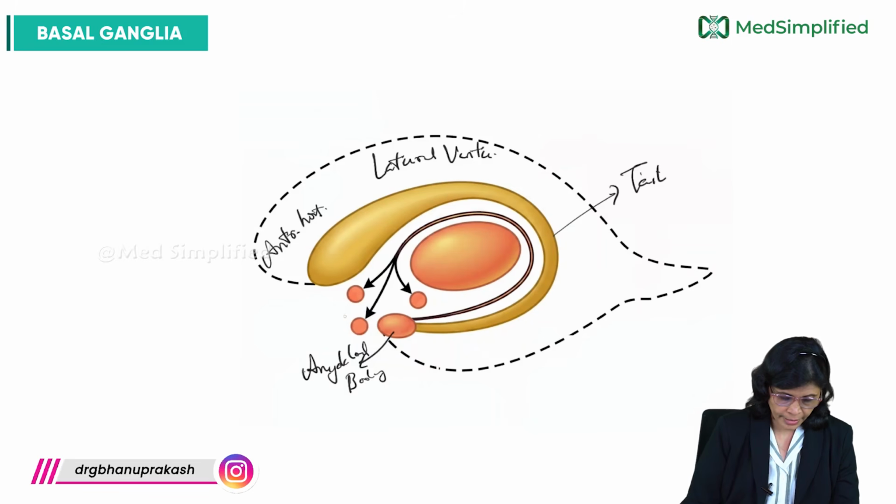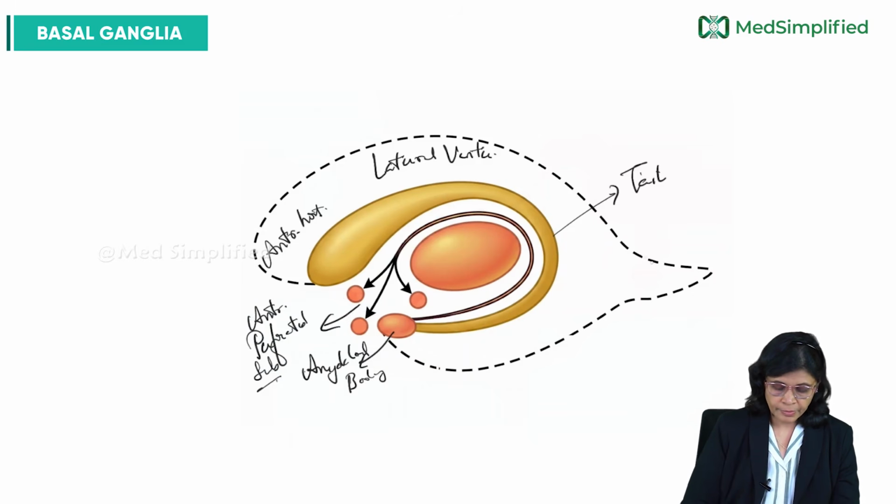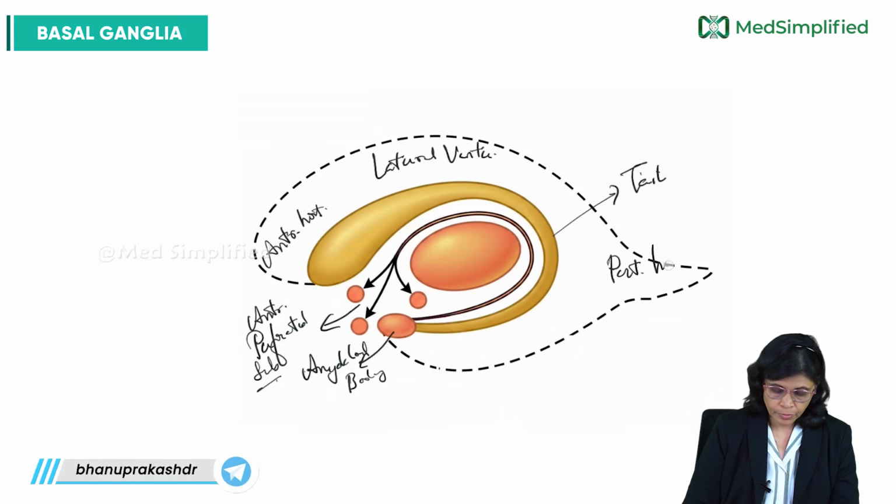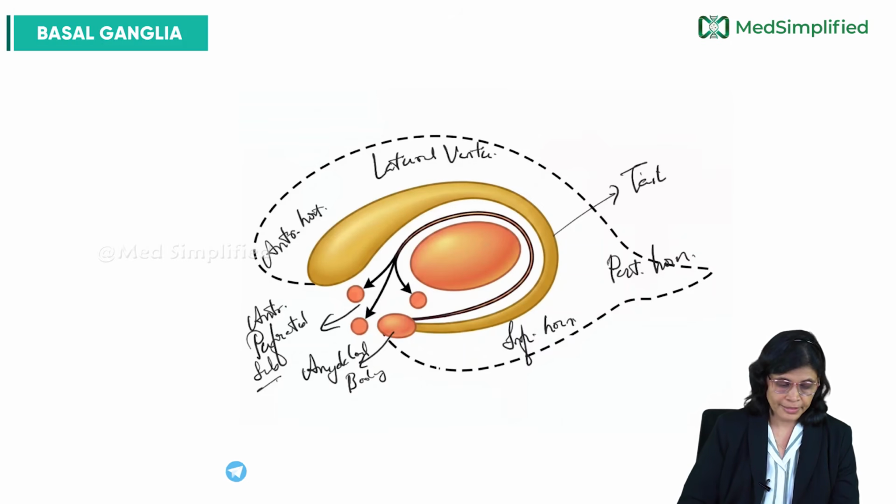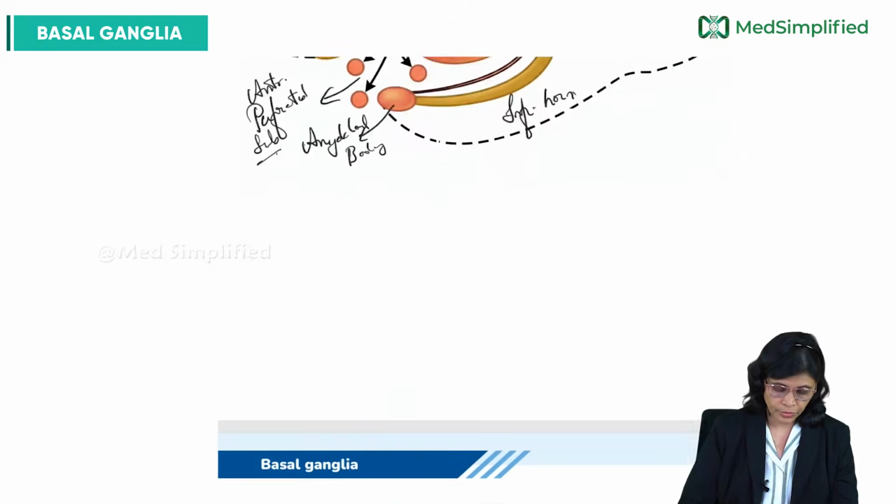These are the anterior perforated substance. The tail is in relation to the posterior horn as well as the inferior horn of the lateral ventricle. So that is a little about the caudate nucleus.